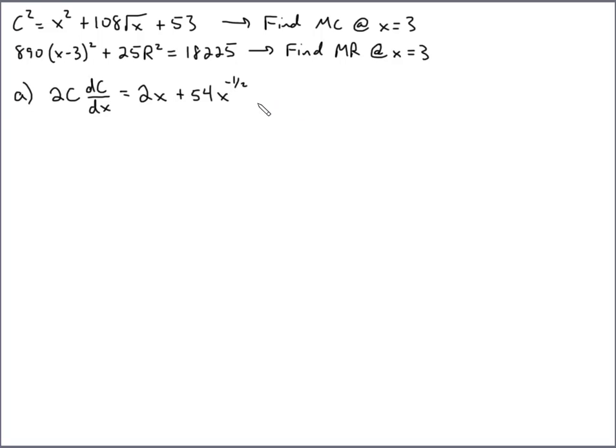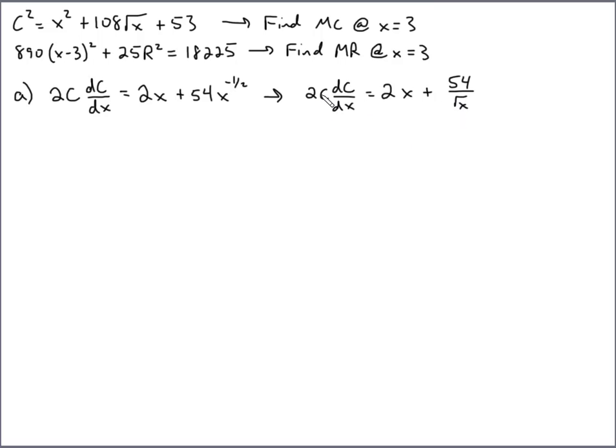Okay, so we need to solve this for dc/dx. So that means we're going to divide everything by 2c. Before we do that, let me actually just rewrite this so that we have a positive exponent. We'll get rid of the exponent altogether. We'll just write that as a root. So this is going to be 2x plus 54 over the square root of x.